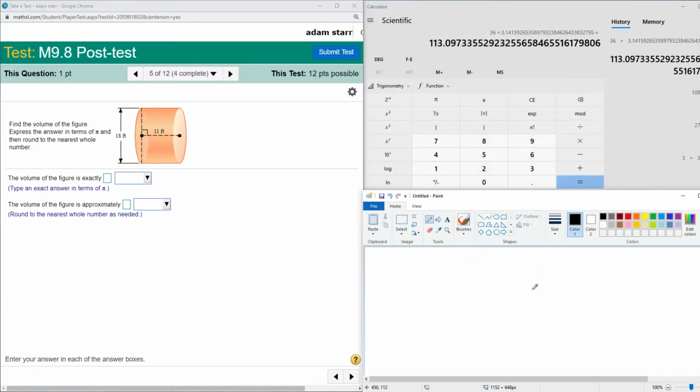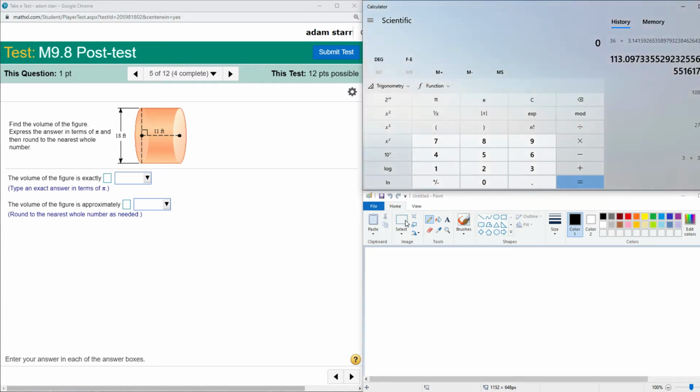Okay, the next question says find the volume of this figure. Okay, this figure is a cylinder. So to find the volume of a cylinder is pi r squared times the height of the cylinder. So I need to know the radius, I need to know the height of the cylinder.